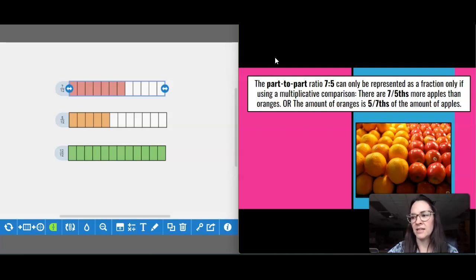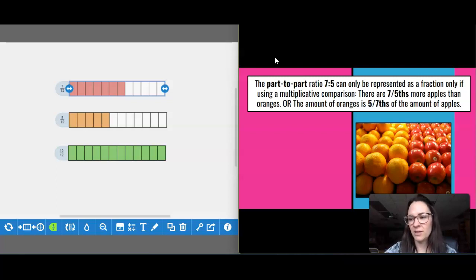It is 16/9 greater. So far, we've discussed part-to-whole ratios, which can be represented as fractions, and part-to-part ratios, which can be thought of as composed units or multiplicative comparisons, depending on the information you're seeking through the relationships.